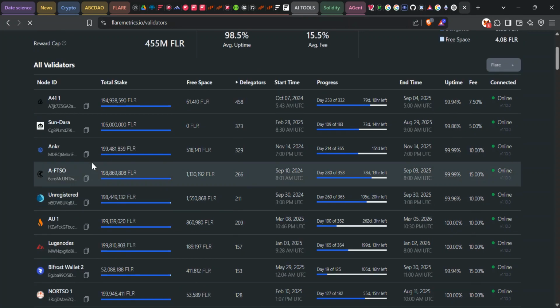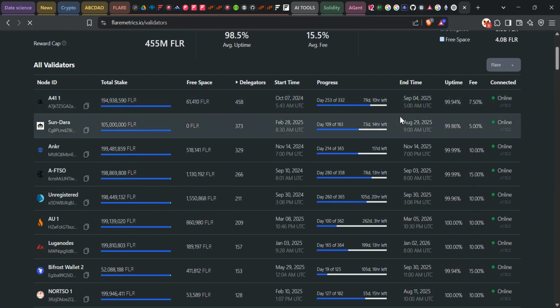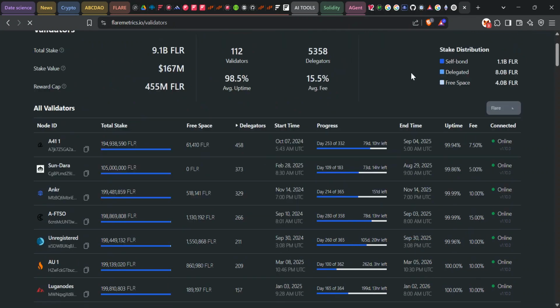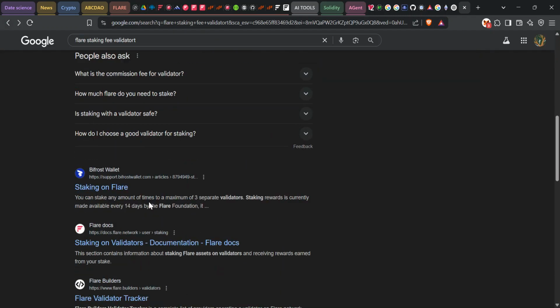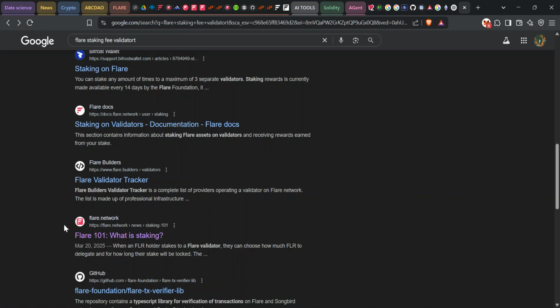We are checking some things out here. This fee here is just referring to the amount of rewards that are being generated, if I'm not mistaken. Let's see here. Hmm.